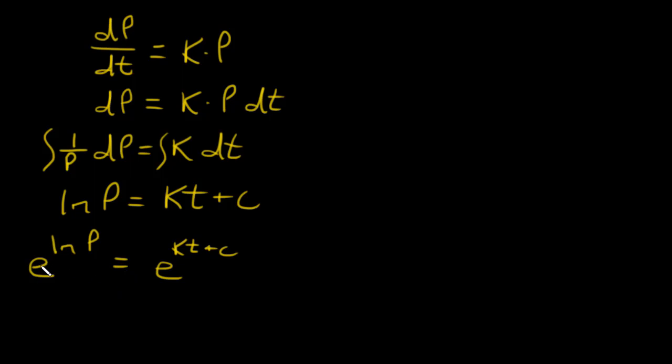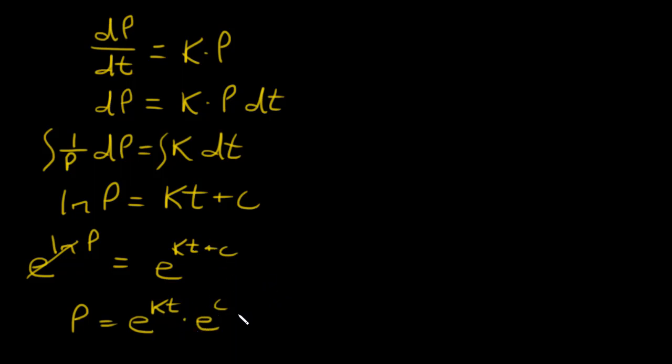Now I've got the exponential of the natural log, and so they are inverses, so they will cancel. And we'll be left with P is equal to e to the kt times e to the C. That's what I would get if I broke apart the kt and the C. When I multiply the same bases, I add the exponents.